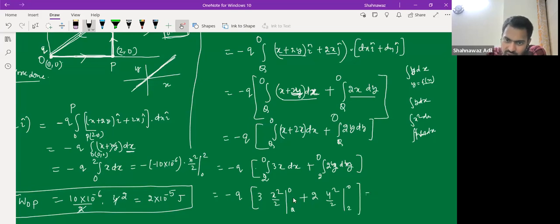So this would be minus q times 3 by 2 into minus 4, so this is minus 6. And the other is 2 cancels, and we have minus 4. Is that clear, guys?